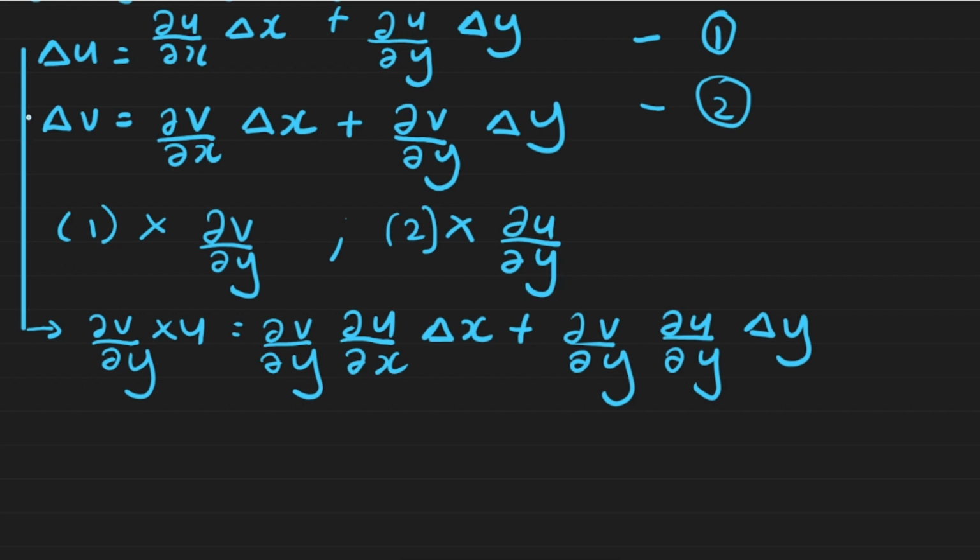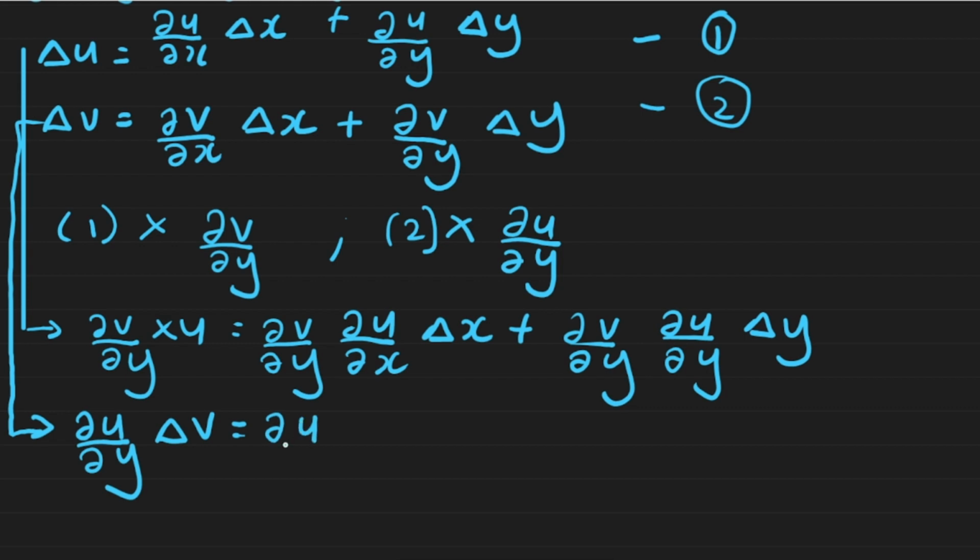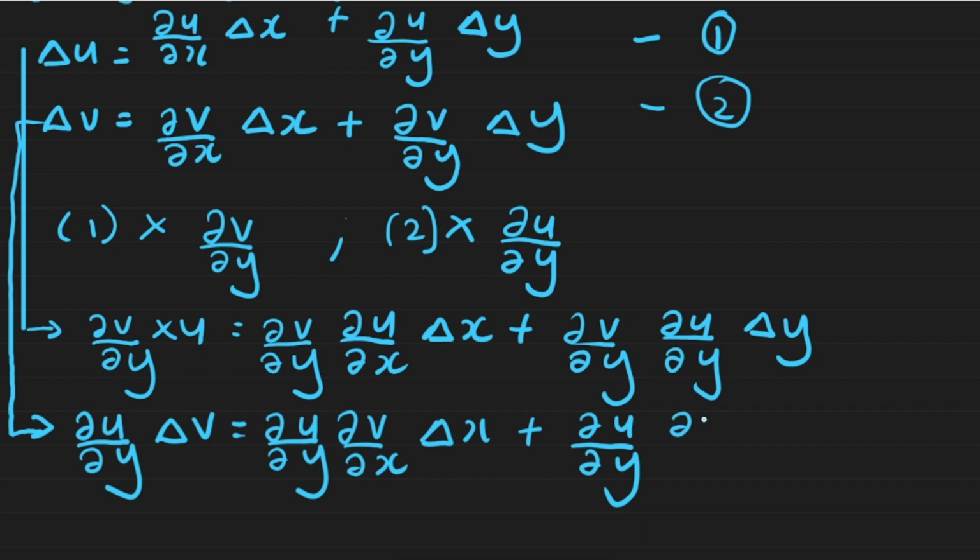And of course, we do this now with equation 2. We're multiplying by ∂u/∂y: ∂u/∂y multiplied by delta v equals ∂u/∂y times ∂v/∂x times delta x plus ∂u/∂y times ∂v/∂y times delta y.